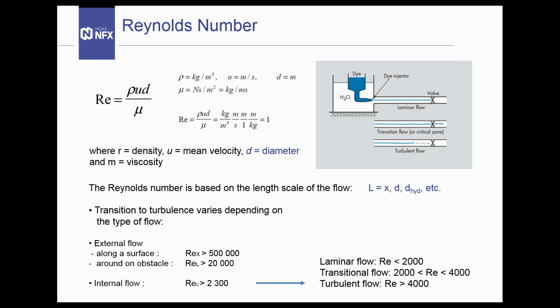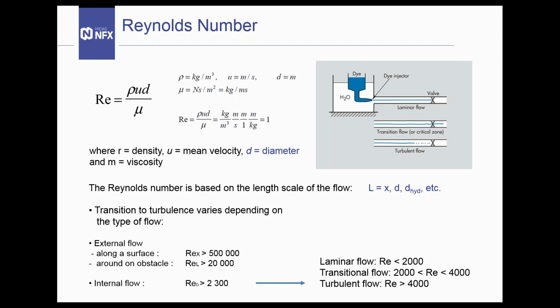This approach is very simple to analyze from the mathematical point of view. The second stage, what we observed on the previous slide, was a transitional flow, and it occurs for Reynolds numbers between 2000 and 4000, and for speeds which we can classify as medium.